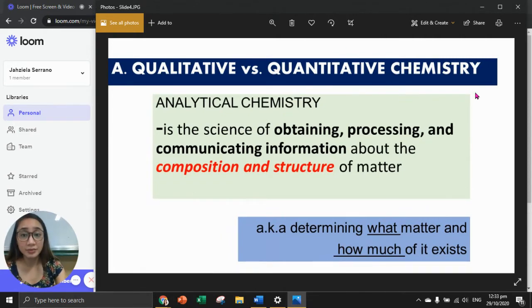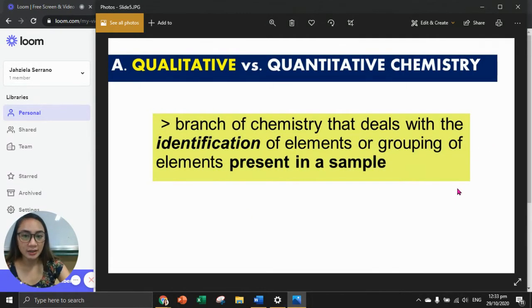So let's first define what qualitative chemistry is. I know you are familiar with this PowerPoint presentation because this is what I used last semester. So let's define qualitative. If you remember, it is a branch of chemistry that deals with identification of elements or grouping of elements present in a sample.